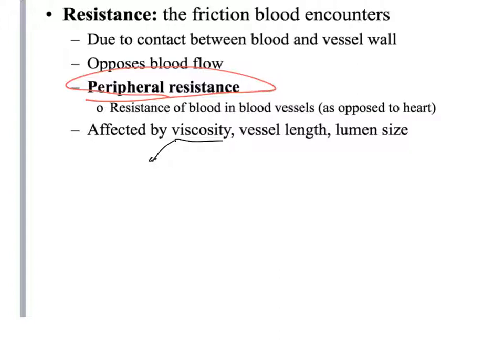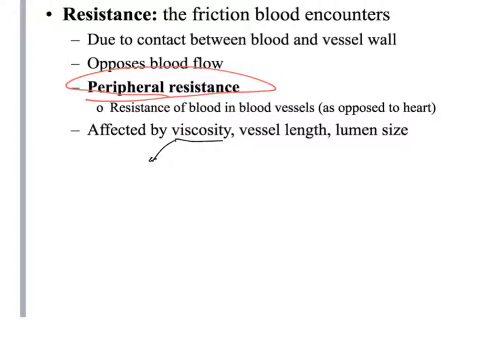We talked about blood viscosity when we talked about what? What about the blood? Emma? The amount of red blood cells. Really, we're talking about the amount of formed elements. You have more red blood cells. They're the most numerous, so they're going to be the biggest factor in determining blood viscosity.